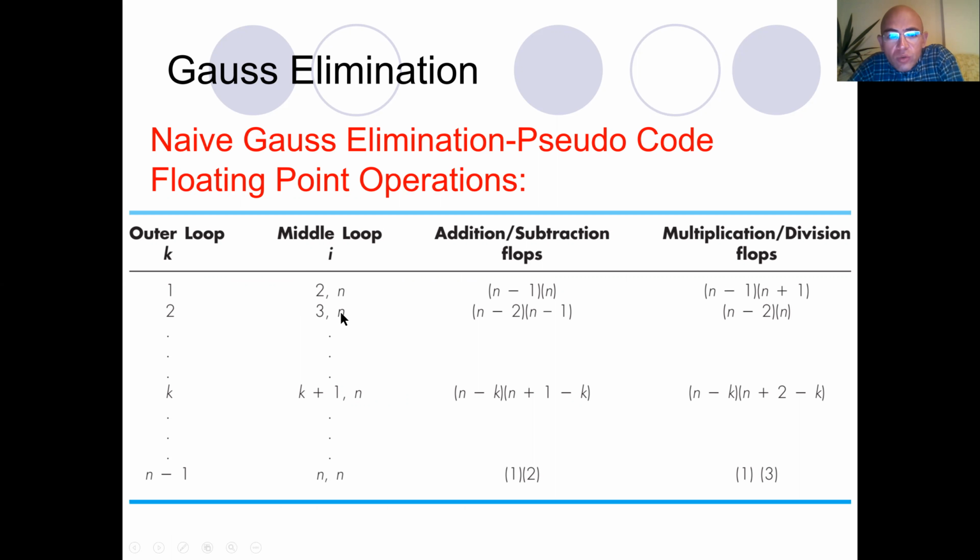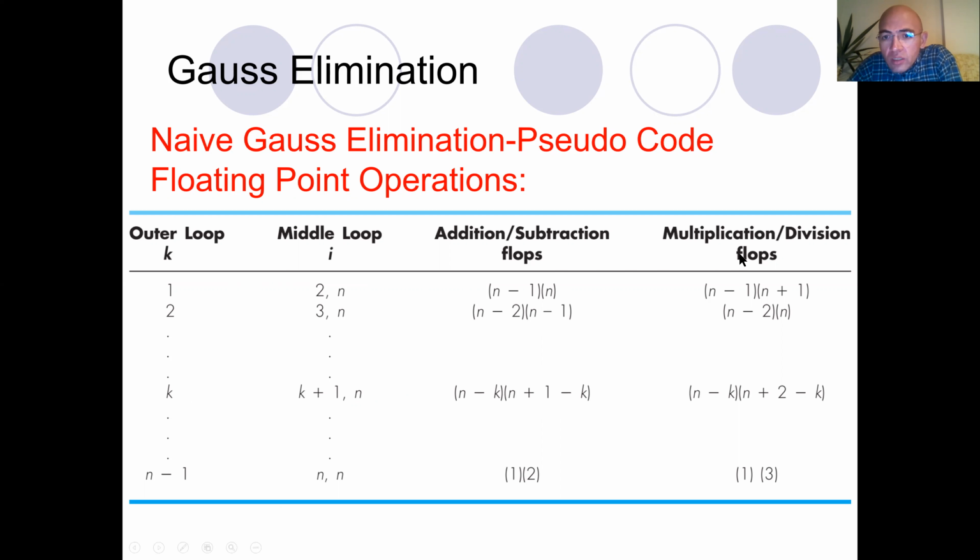In the second one, you go from 3 to n, and then it goes like this, and the last one is n to n. In the first loop, you do n minus 1 multiplied by n, addition and subtraction. In the second outer loop, you do n minus 2 multiplied by n minus 1. In the kth outer loop, you do n minus k multiplied by n plus 1 minus k, addition and subtraction. This takes time.